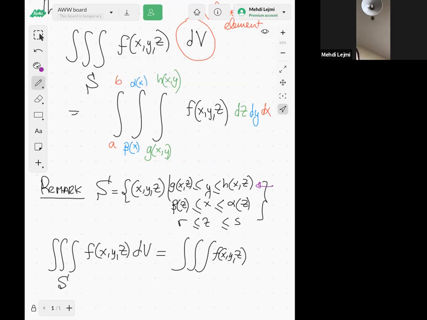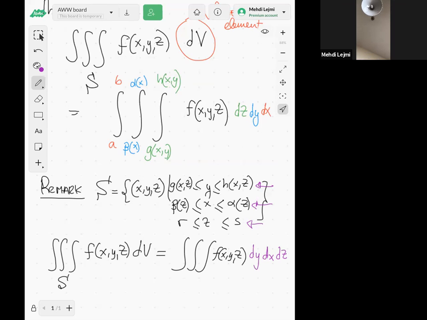So we have dy first, then dx, and as I said, the last one is the one between two constants, which in this case is z. Since z is between two constants, we keep z as the last integral. So your integral depends on the type of your elementary solid.